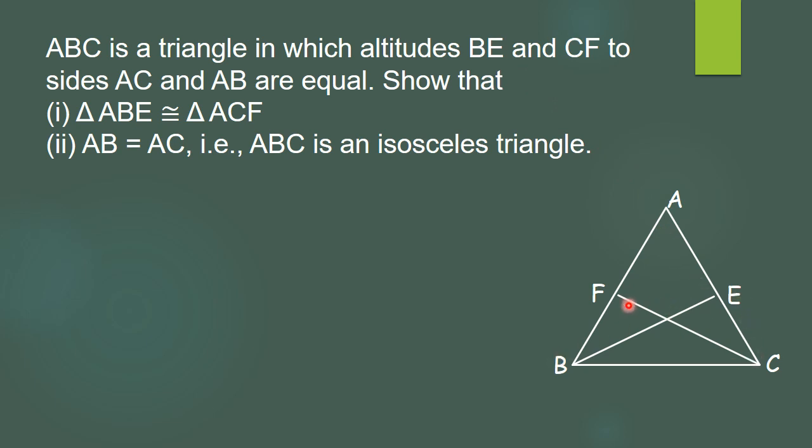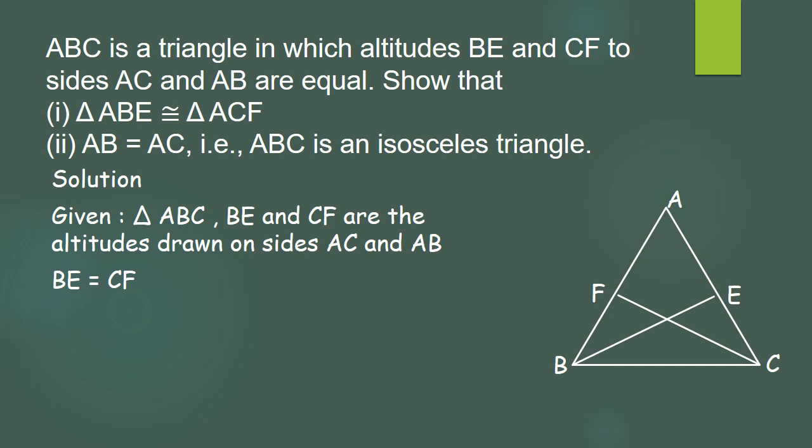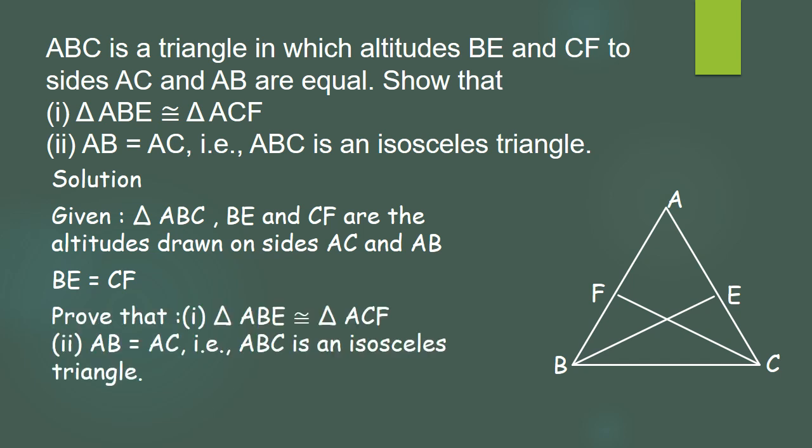And we have to prove triangle ABE is congruent to triangle ACF and AB is equal to AC, or we can say that ABC is an isosceles triangle. So first we'll write given. In triangle ABC, BE and CF are altitudes and they are equal. So BE is equal to CF, that is given. And we have to prove triangle ABE is congruent to triangle ACF and AB is equal to AC.